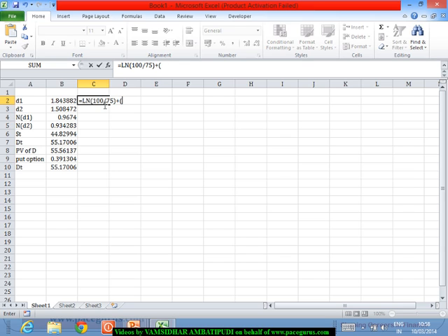Let's say I take it as 10%, plus sigma squared, let me take sigma squared as 15% only, sigma squared by 2 into t, with 5 more years to maturity. So d1 is this much divided by sigma, 15%, into square root of t, 5 more years.